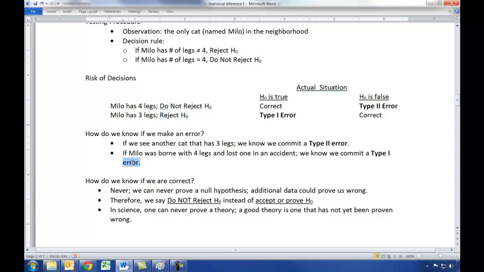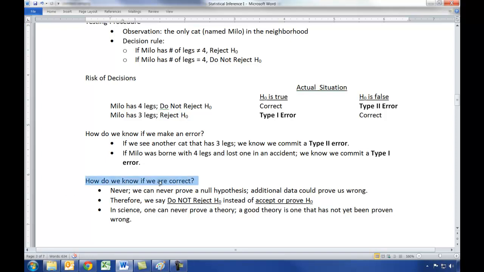But again, later on we found out that Milo was actually born with 4 legs and lost 1 in an accident. Then we now know we have committed another error, which is termed a type 1 error in hypothesis testing.